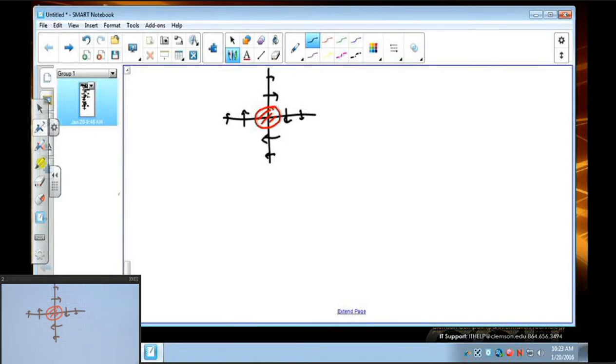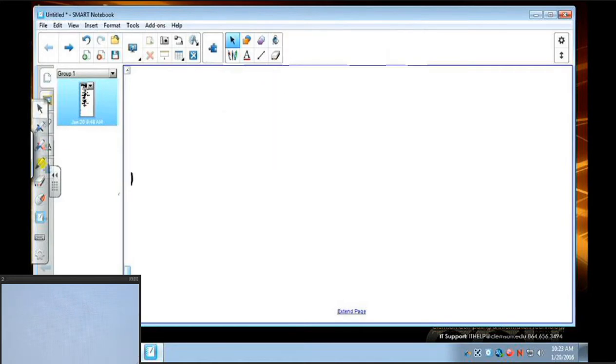Okay. And now we're looking at the general electric field.